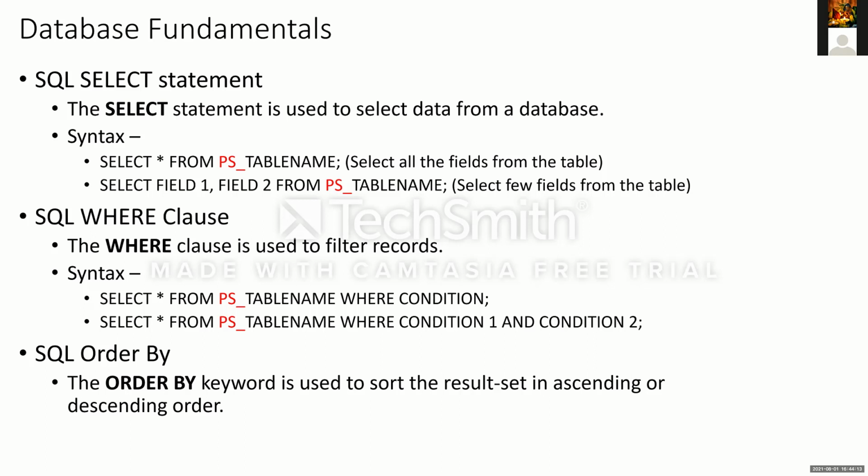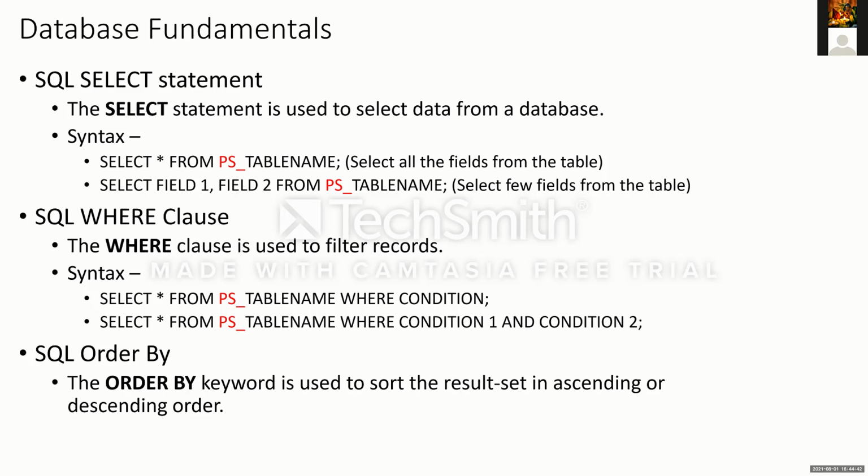But as I said yesterday as well, there will definitely be scenarios where we need to customize the delivered product to suit the business needs. When we are doing those customizations, or when we are building new pages for business needs, we will be creating new records.